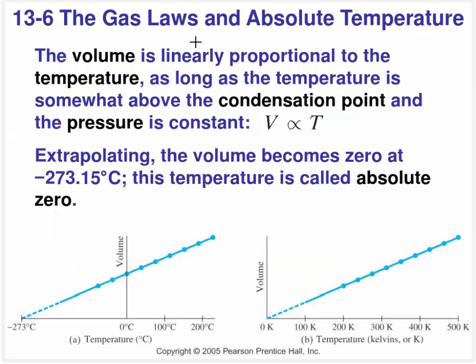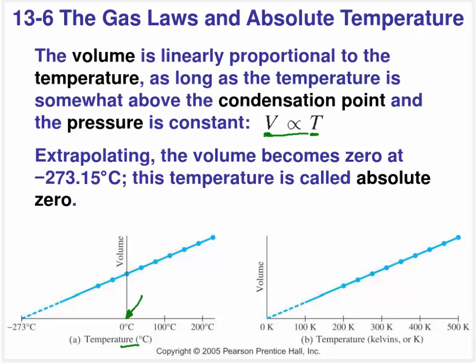Now, the next law is going to be relating volume and temperature, and we're going to have to introduce a new temperature scale at this point. It turns out that if we heat an object up, if we increase the temperature, the volume is going to expand proportionally to that. One thing to keep in mind is in the Celsius scale, we have a temperature of 0 degrees Celsius.